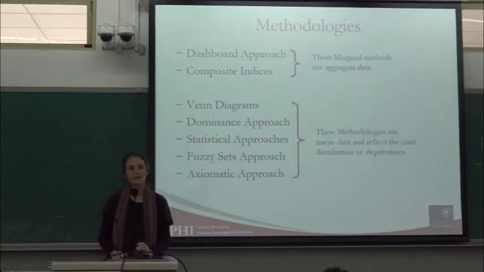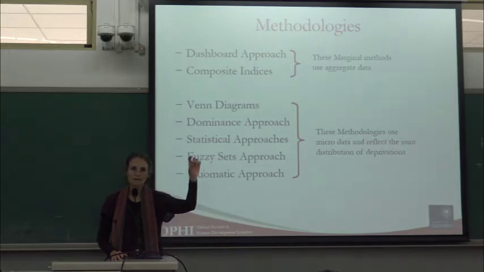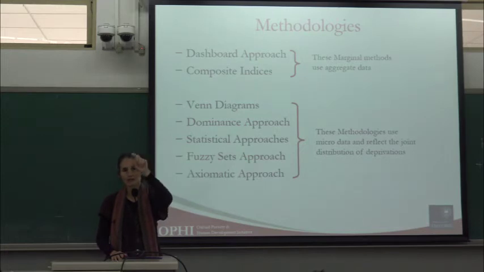And the last 5 reflect what I'm going to call the joint distribution of deprivations, which is the row of each person. Their achievements in each of the dimensions. So each person has a bundle, and these last 5 methodologies consider the bundle of achievements that they have.